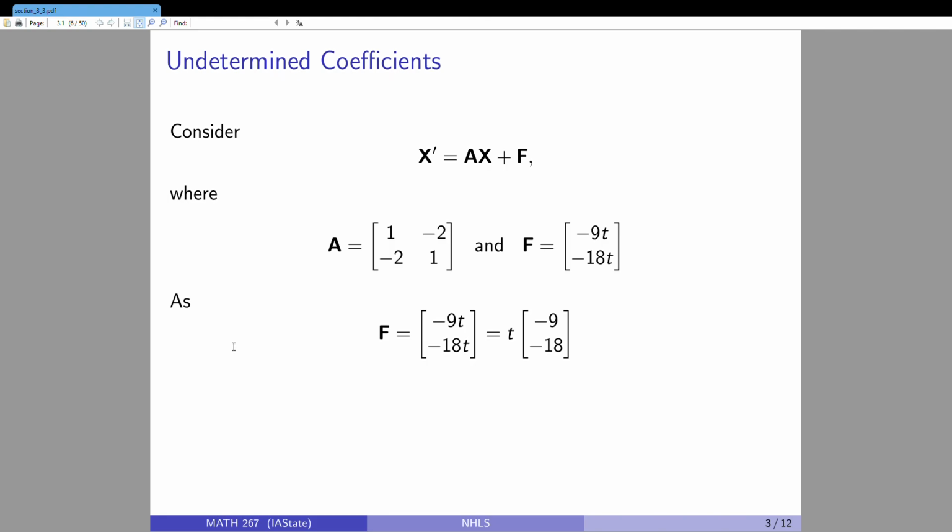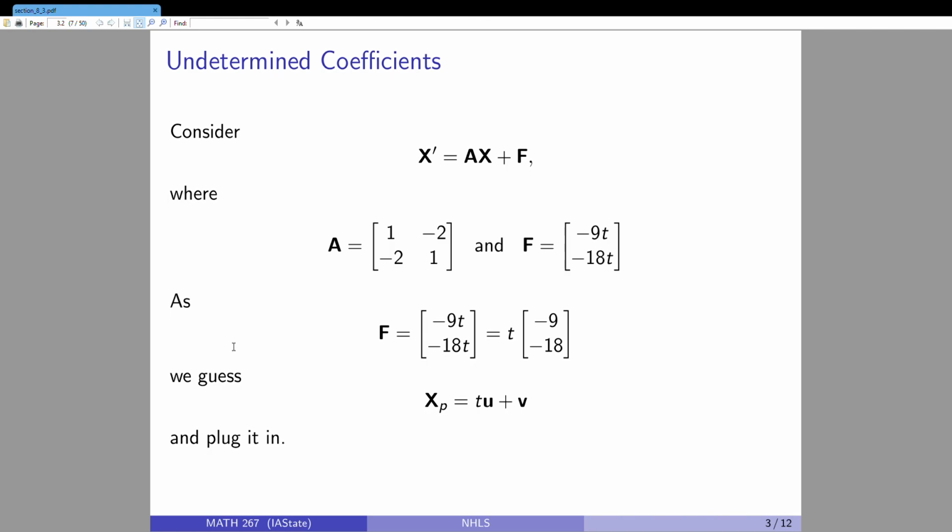I could factor the t out, so we've got the constant vector negative 9, negative 18, as a coefficient for t. So it looks like a first-order polynomial. We should guess something like that, but it's not quite a usual polynomial, because instead of the coefficients being numbers, they're constant vectors.